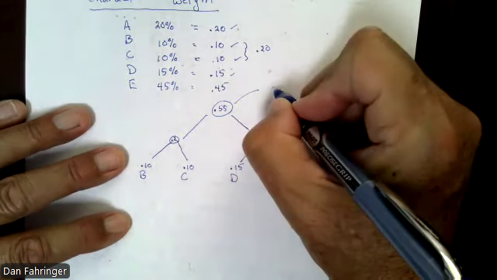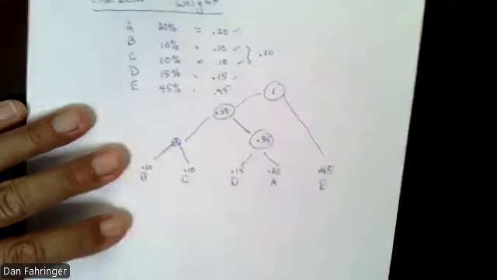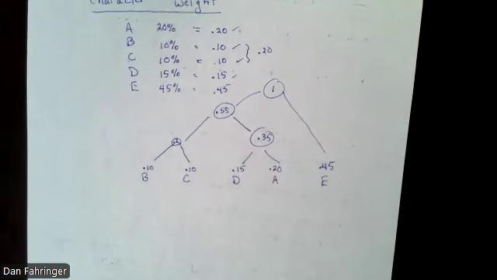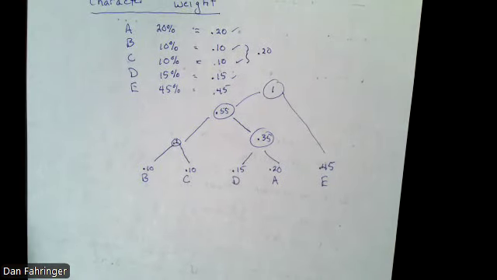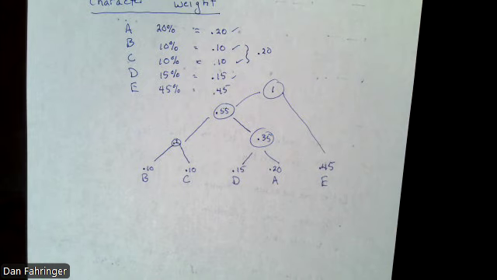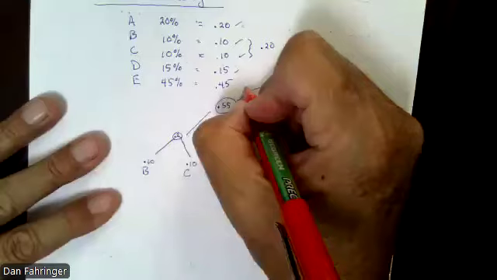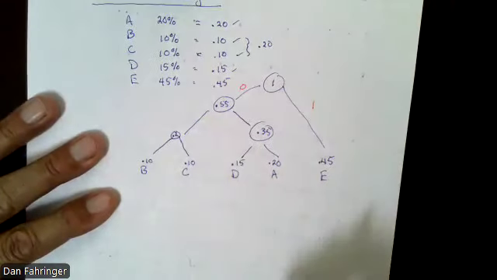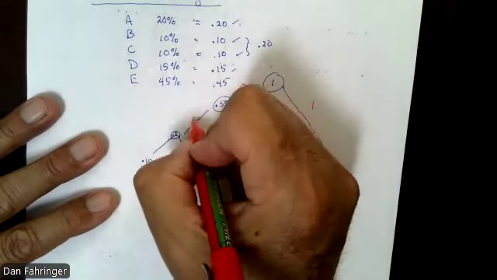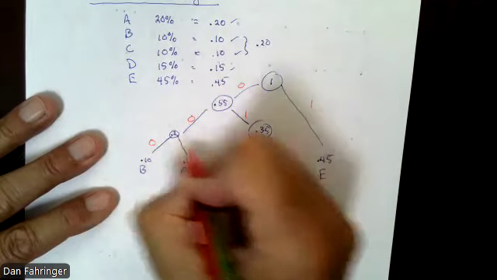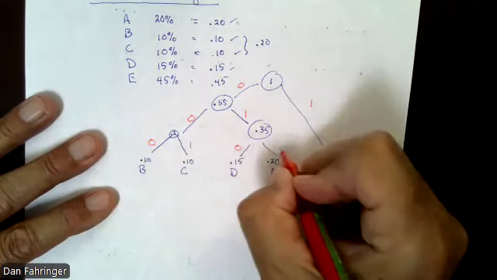And I'm going to get a 1, 100%. Sort of looks like that Morse code I was showing you a little while ago. All right. What am I going to do now? Zeros to the left, ones to the right.